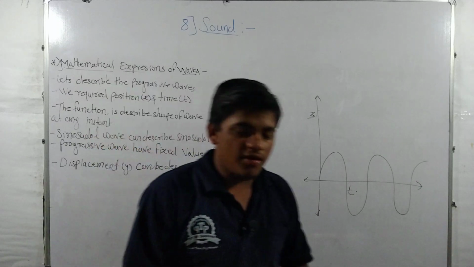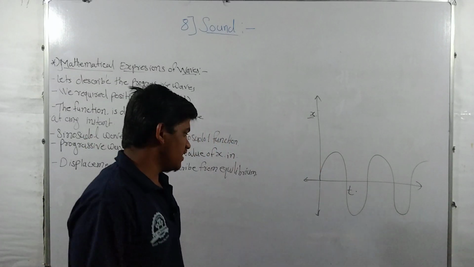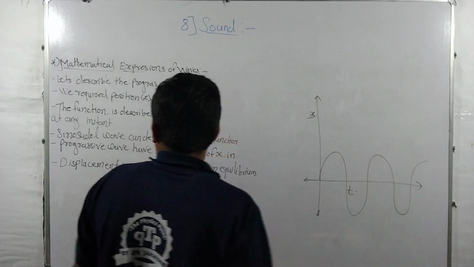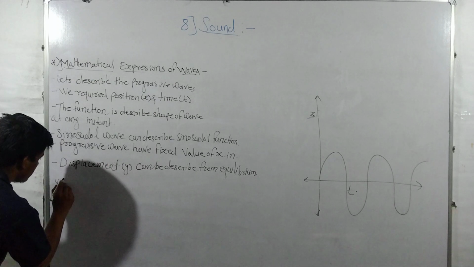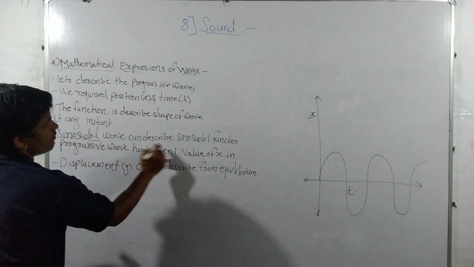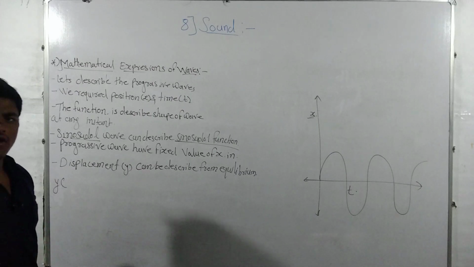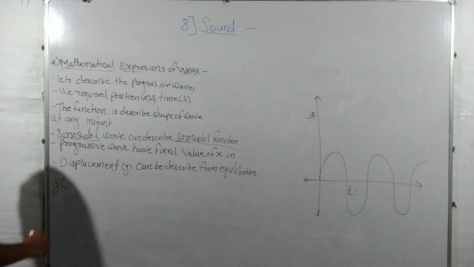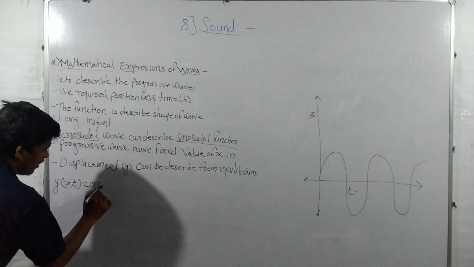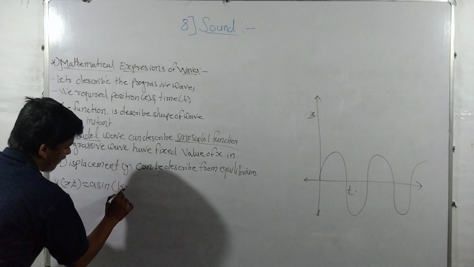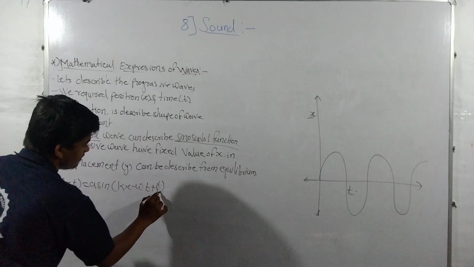When we take y as a function of x and t, y of x,t is equal to a sinusoidal function. A sinusoidal wave is a sinusoidal function, so it will have sine values. Then y of x,t is equal to A sin(kx minus omega t plus phi).